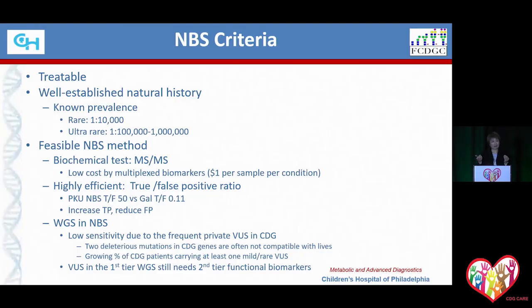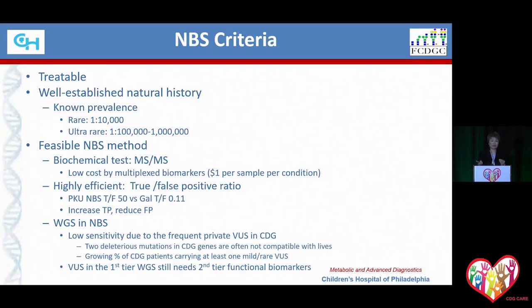So we can argue that a growing percentage of CDG patients carry at least one rare or mild VOUS. So whole genome sequencing for CDG is not going to work well because it's not going to be sensitive enough.